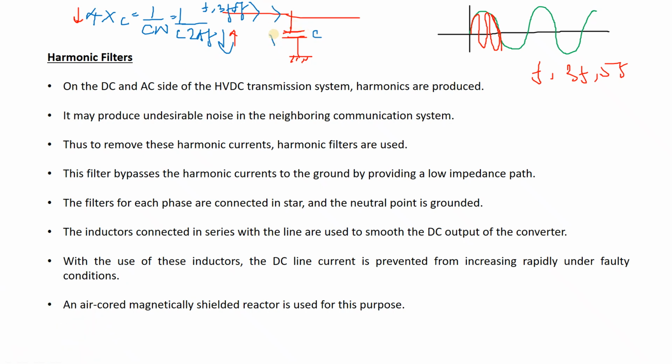Then for the power which is flowing, Xc is very high compared to the impedance Z of the transmission line. Obviously current will not travel to the path which has higher impedance or higher ohmic value, so it will take the normal path of the transmission.